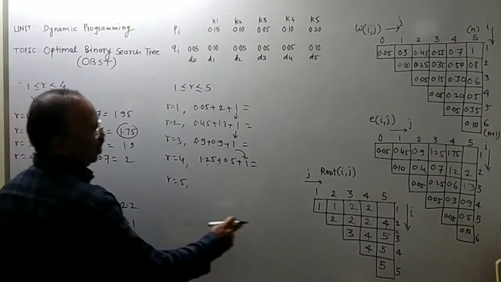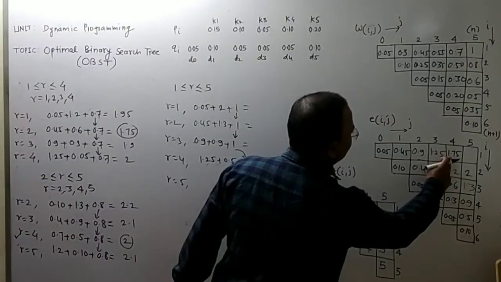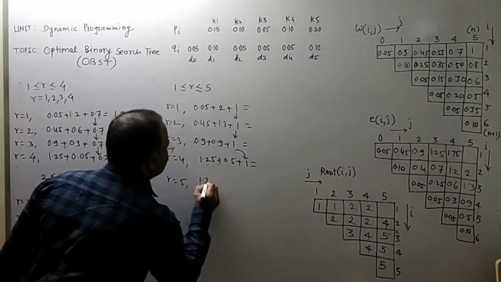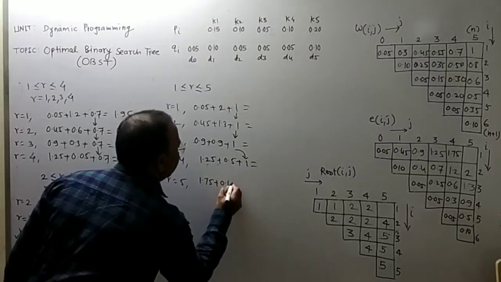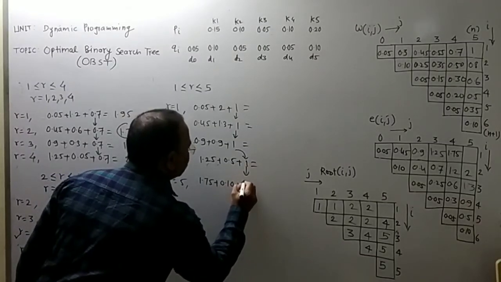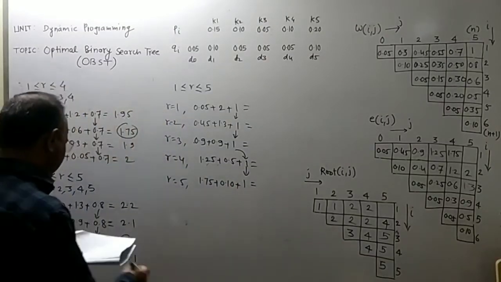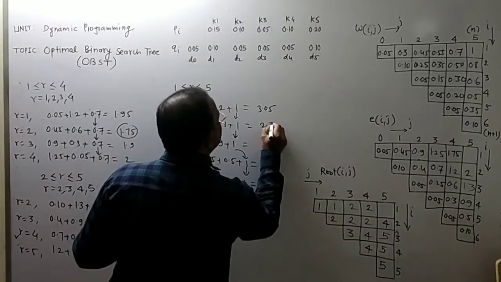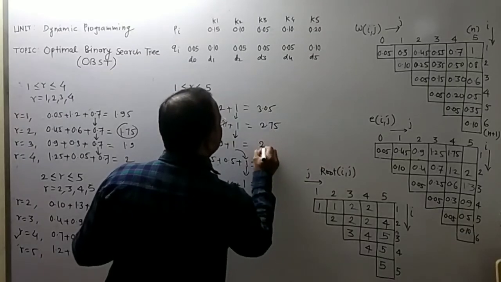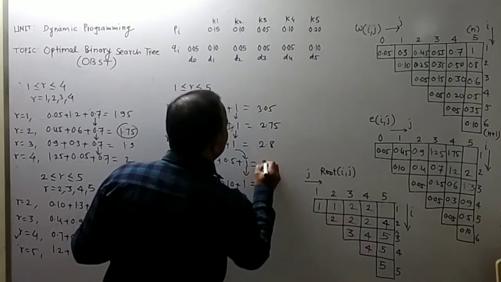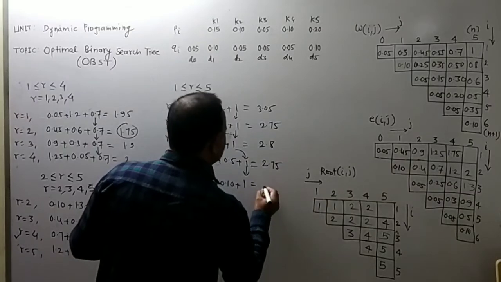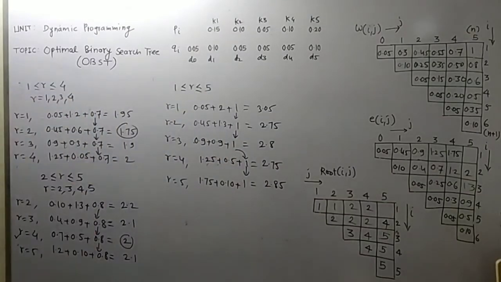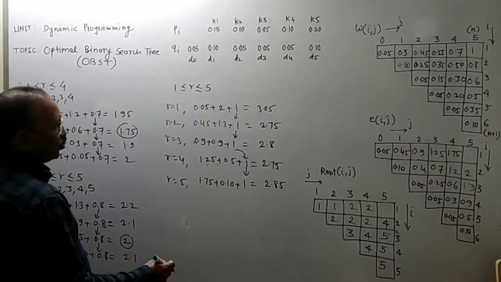For R is equal to 5, we have to consider 1.75 and 0.1. 1.75 and 0.1 plus the W value, that is 1. It comes to 3.05, 2.75, 2.8, 2.75, 2.85. So out of this, there are two minimum values.